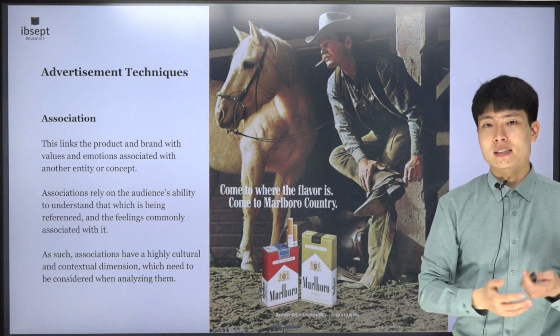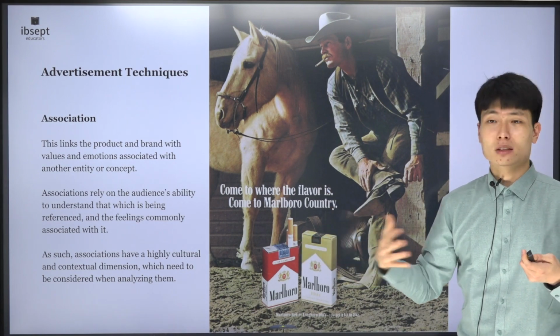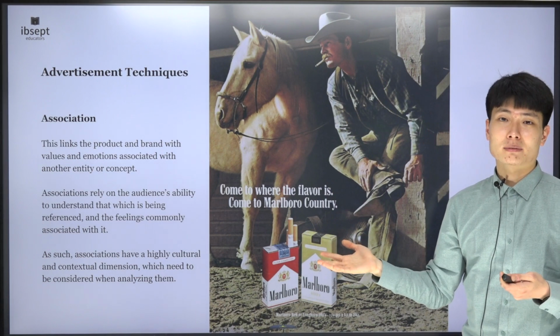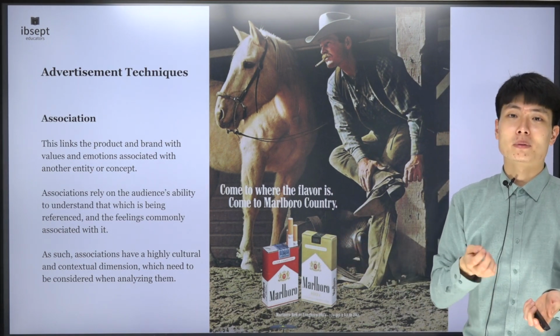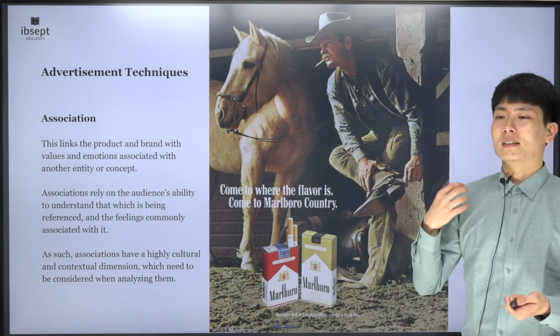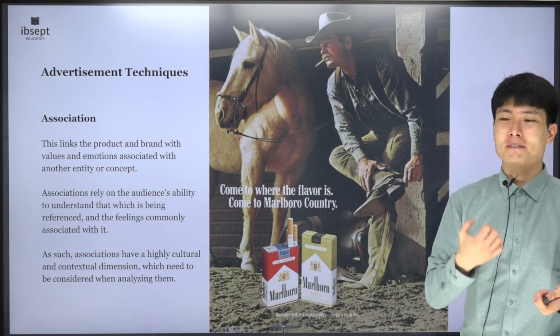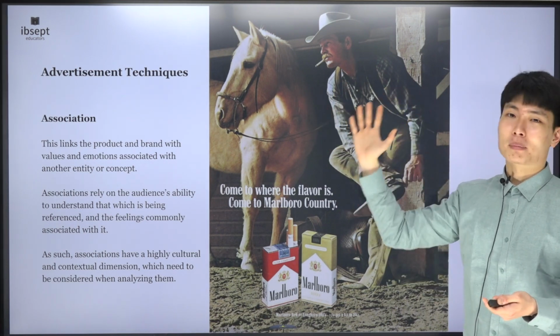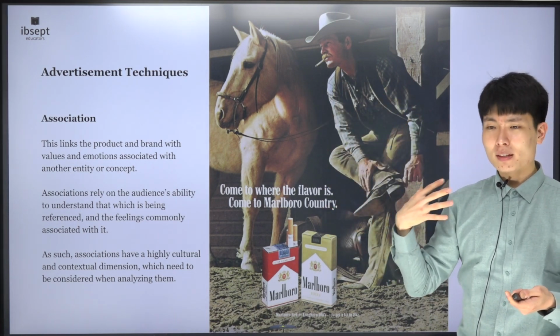And the purpose of that is, that's what the brand is associating itself with, so that customers who see these advertisements, the next time they pick up a Marlboro cigarette, they'll be reminded of that Wild West, that freedom, the sense of adventure and individualism that this particular image signifies.